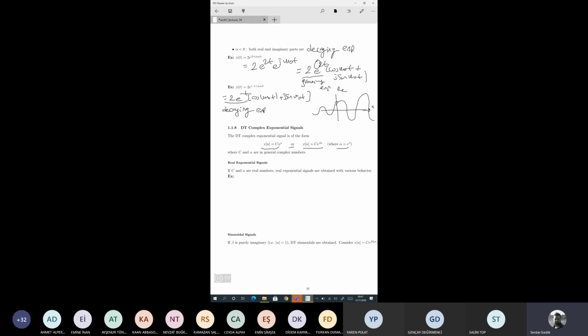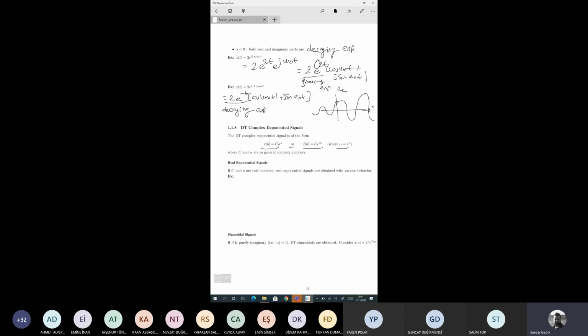In general, of course, alpha and c are complex numbers. Well, if we talk about real exponentials, then in this case, we have c and alpha both real, and in this case, x of n is a real signal.